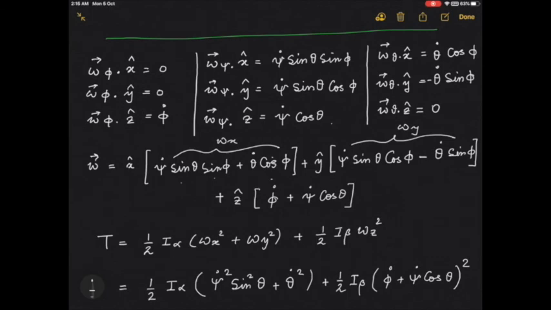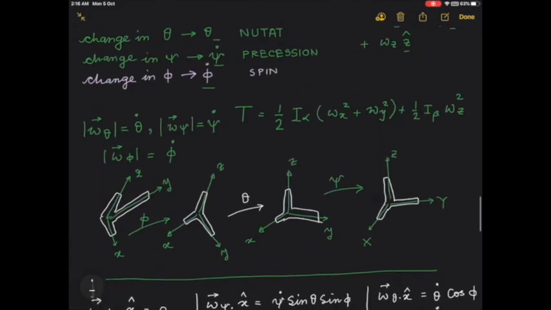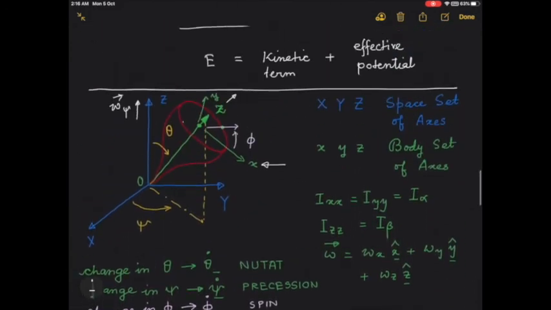Okay, so what we have done is we have written down all the components now. So omega psi, I have taken projection along x. Obviously that is psi dot, and let's see how you get the projection along x here. So omega psi, first let us see projection along z.